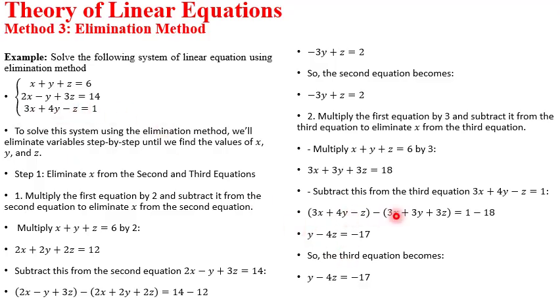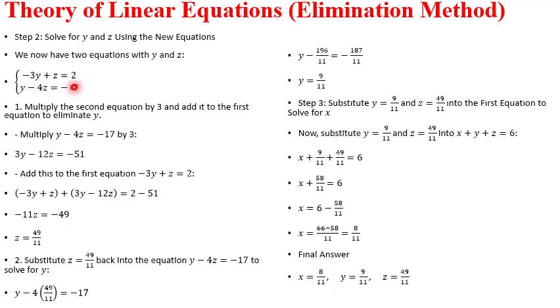Then 4y minus 3y gives us y, and minus z minus 3z gives us minus 4z, equal to 1 minus 18, which is minus 17. So this is what then occupies the third equation. The third equation becomes this.